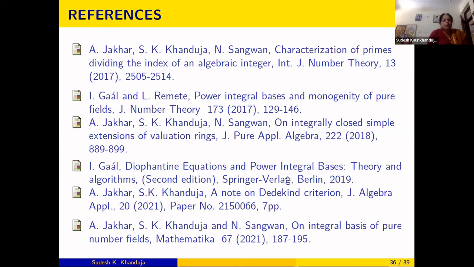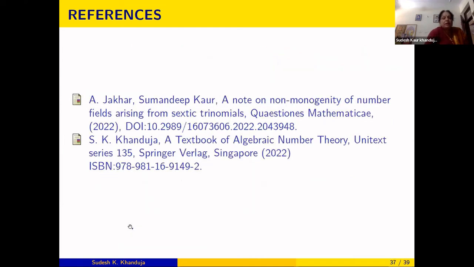It deals with monogenic fields. This is our latest and newest proof of Dedekind Criterion. A note on Dedekind Criterion, it just uses basic algebra of MSc class. So it appeared in 2021, and this is Jakhar and Sandeep's paper, which gives two classes of non-monogenic sextic fields.